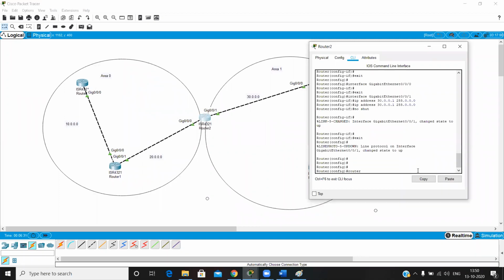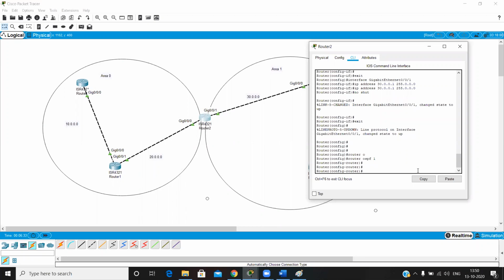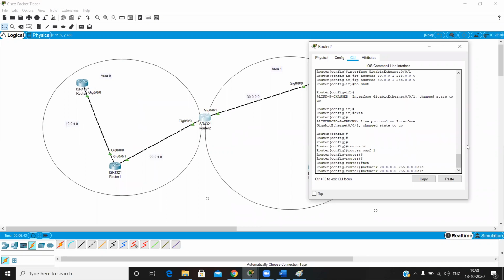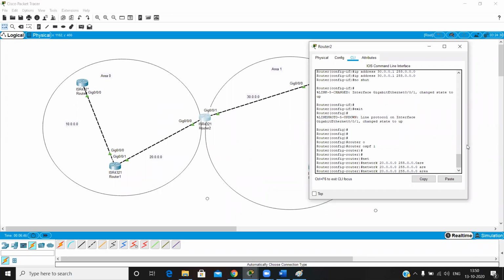Router ospf 1, network is 20, subnet is 255, and area for the 20 network is 0.